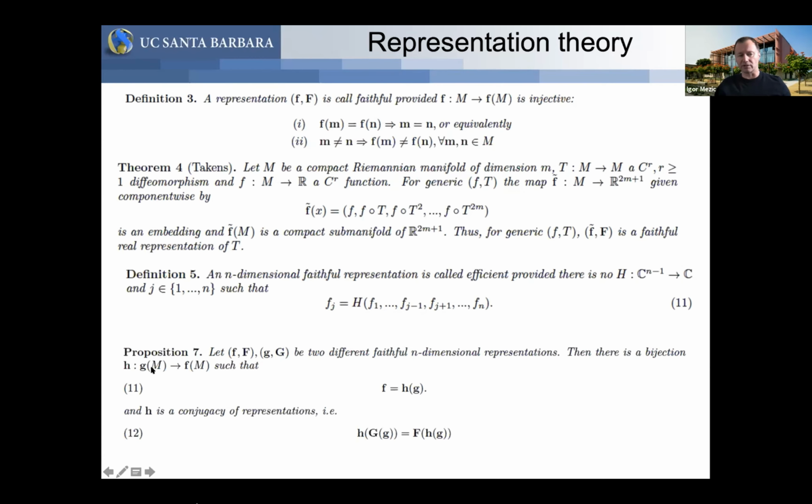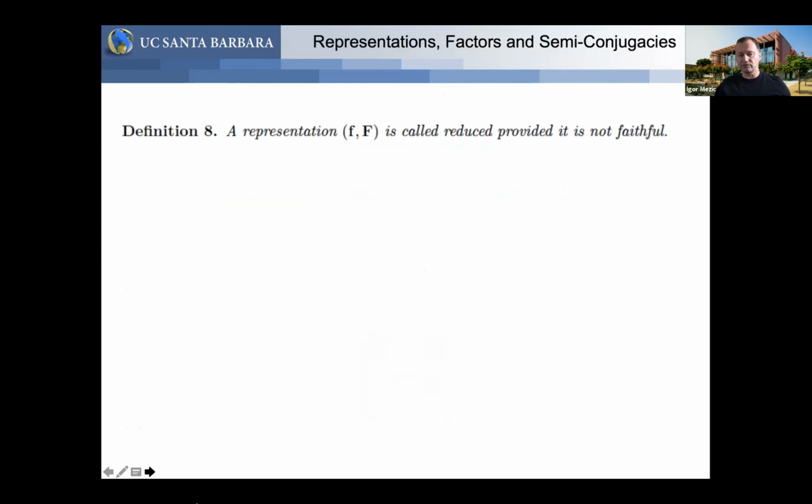Then there is a bijection H such that F is H of G, and H is a conjugacy of representations. I'm using conjugacy here in a very general meaning. I'm not assuming any continuity or smoothness. It is really just this relationship itself.